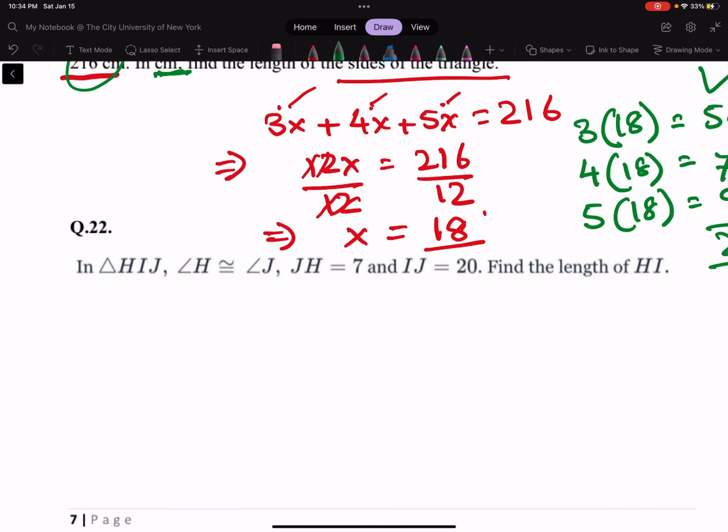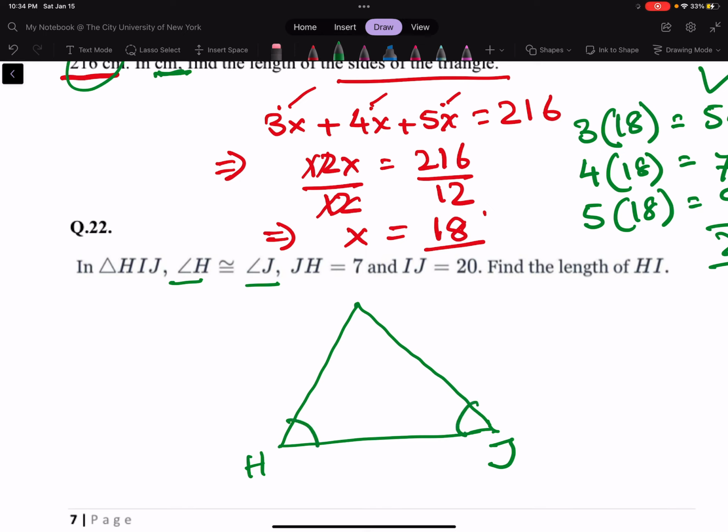And now, angles H and J are congruent, so draw a triangle HIJ. So let's say this is H and this is J, so they are congruent. And they say JH, so the other one has to be I. JH is 7, and IJ is 20.